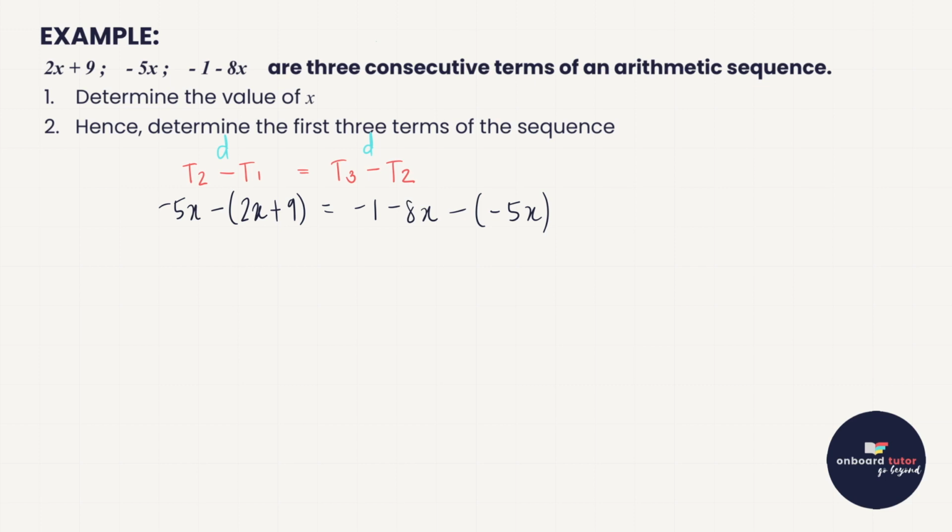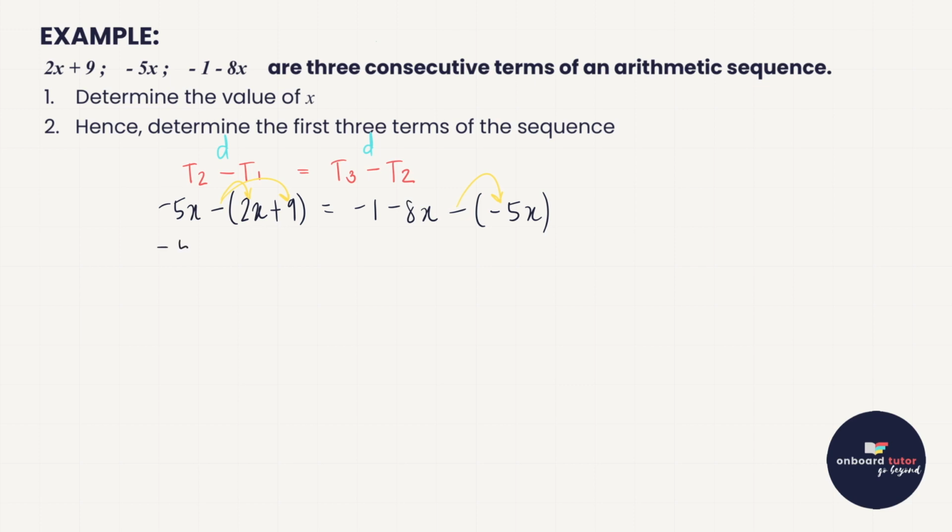Be very careful when subtracting to use brackets because there's going to be a sign change here and a sign change here. So what's left for us to do is to multiply this minus into the brackets on both sides, and then we can collect like terms and solve this equation for x.